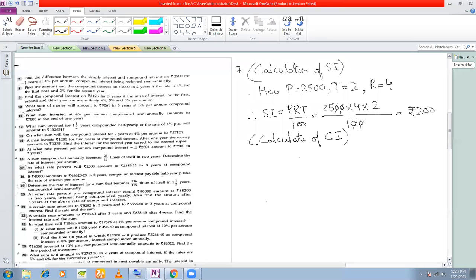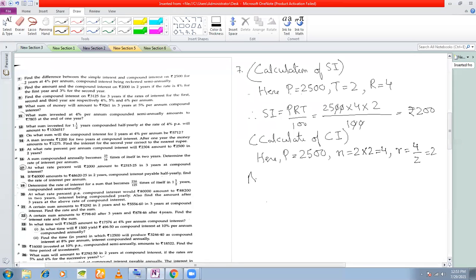Calculation of compound interest. Okay, so here again we start with the same principal, 2500. N is 2 years. Now see, N is 2, but compound interest being reckoned half yearly, right? So what do we do with time? We multiply the time by 2. And what do we do with the rate? We divide by 2. So rate here is 2.